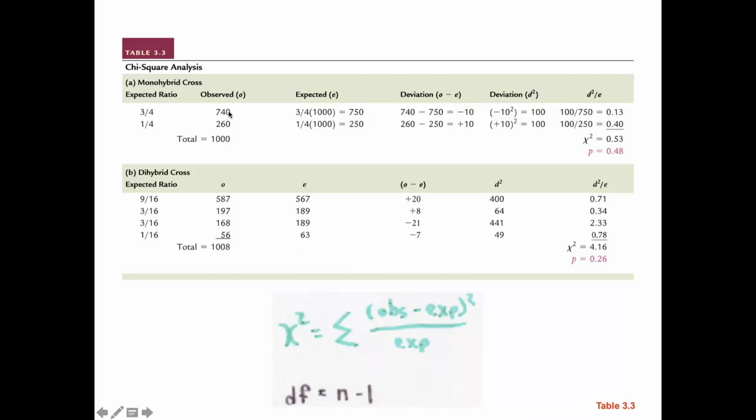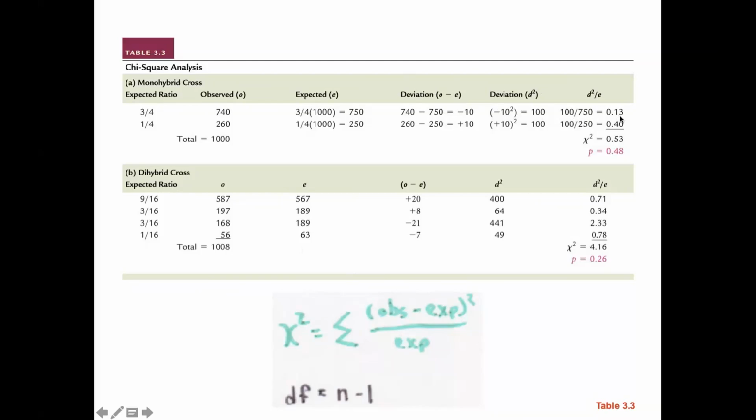So this is observed 740, the expected is 750, the difference is -10. So observed minus expected is -10 for that phenotypic class. You then square that number and you get a value of 100, and then you divide by the expected number for that particular phenotypic class, which is 750. So 100 divided by 750 is 0.13.